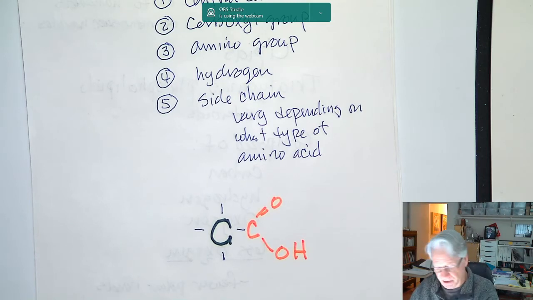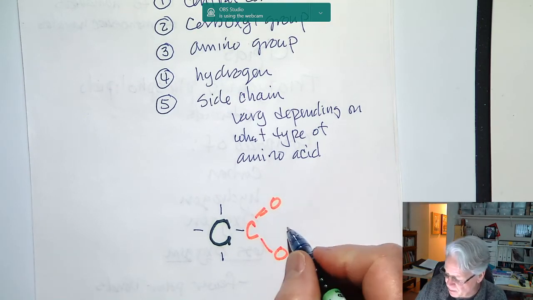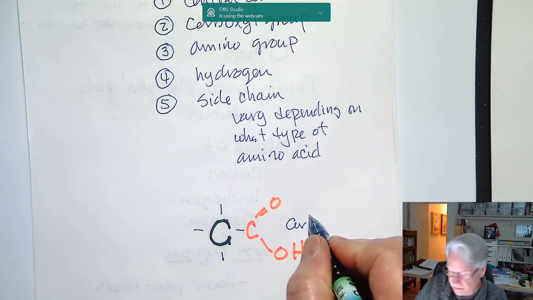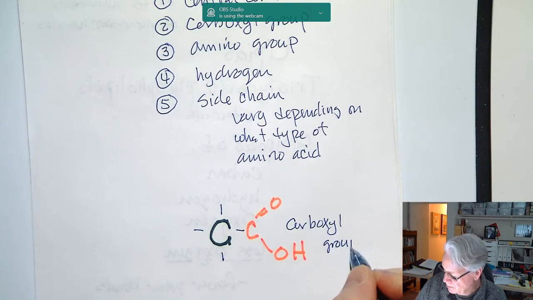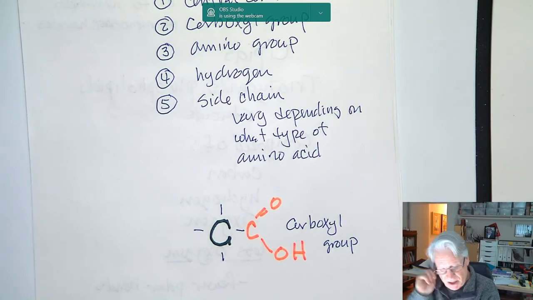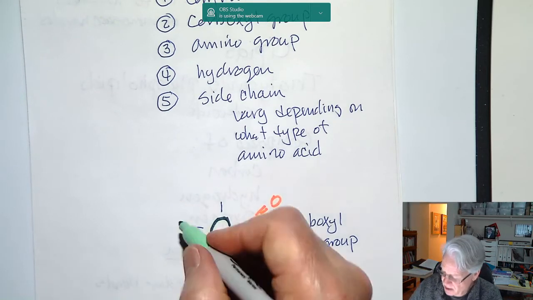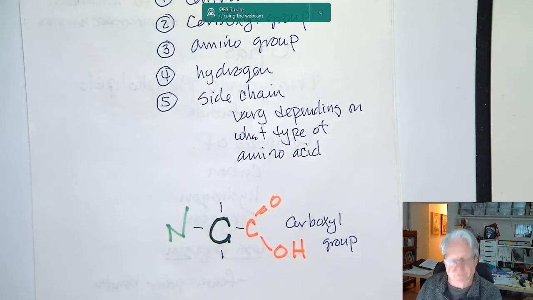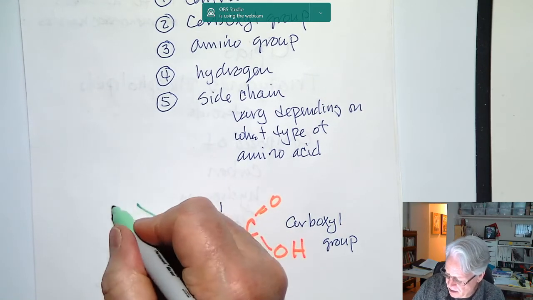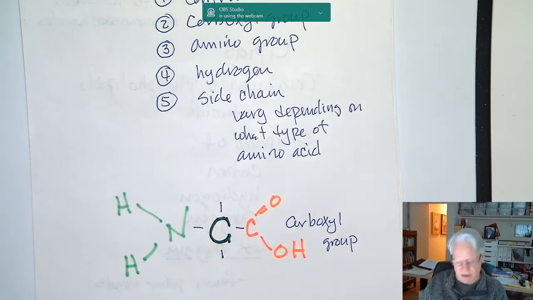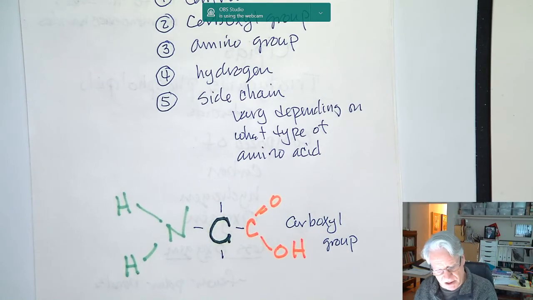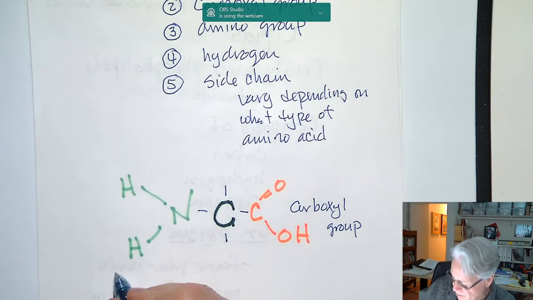And this, ladies and gentlemen, is going to be our carboxyl group. Then over on this side, we're going to add nitrogen and hydrogens. And that is going to be our amino group.